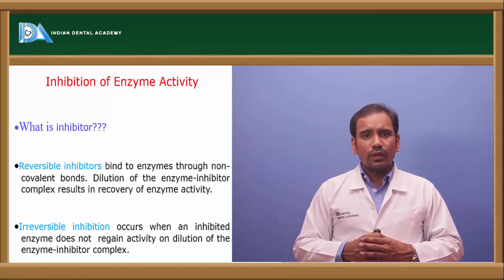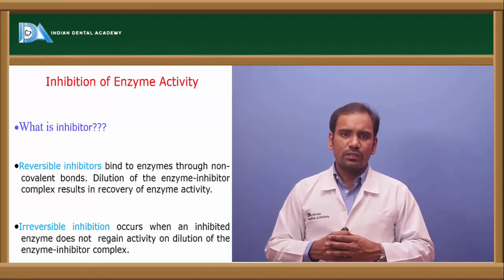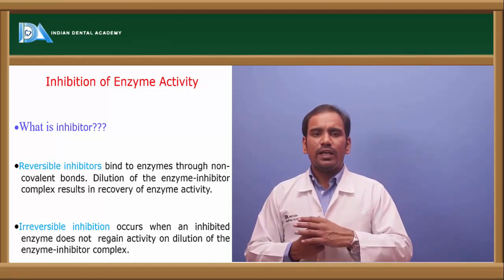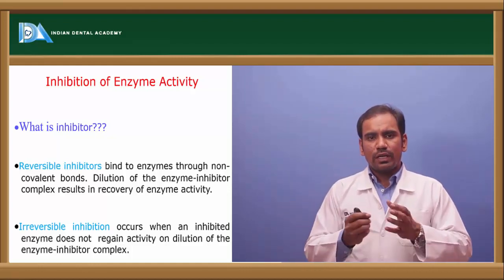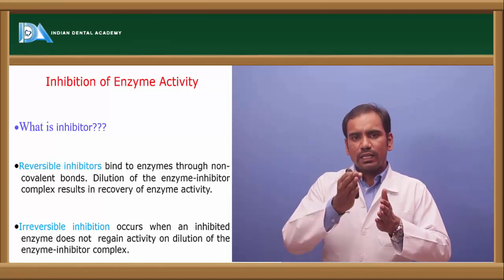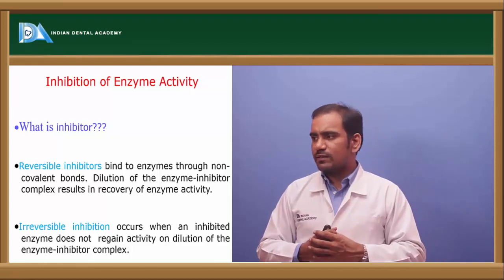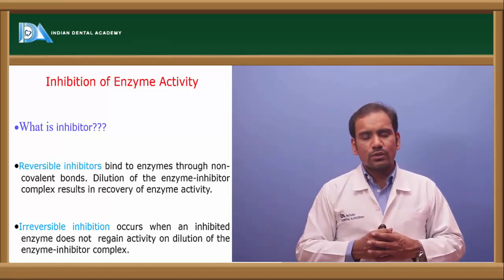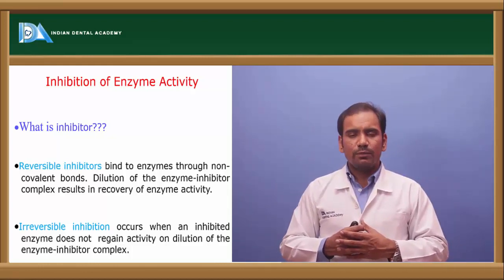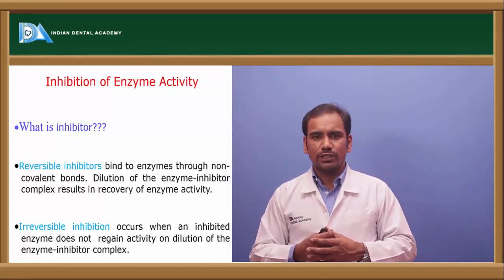We have two types of inhibition: reversible inhibition and irreversible inhibition. Whenever the effect of the inhibition can be reversed, the inhibitor can be removed by dialysis or dilution, such inhibitions are called reversible inhibitions.